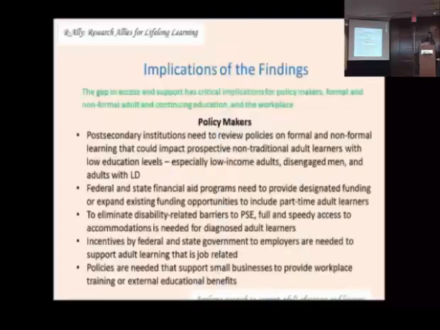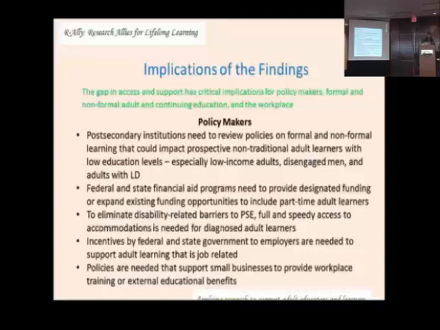Okay. So let's move on to implications. We noted in our paper a number of implications for policymakers, for adult and continuing education, and for employers. First of all, for policymakers, it looks like there's a lot of opportunity out there to review policies on formal and non-formal learning that could impact particularly non-traditional adult learners who are so needed.